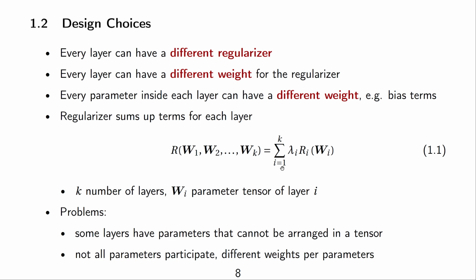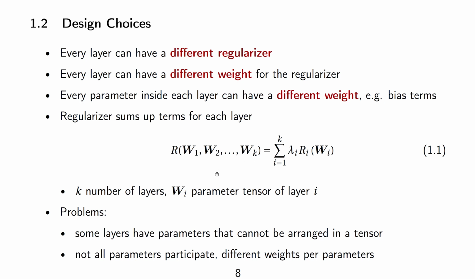We would sum up from 1 to k a lambda i that is a layer-specific weight times the regularizer used for the layer i, and this regularizer is a function of the parameter tensor of this particular layer.